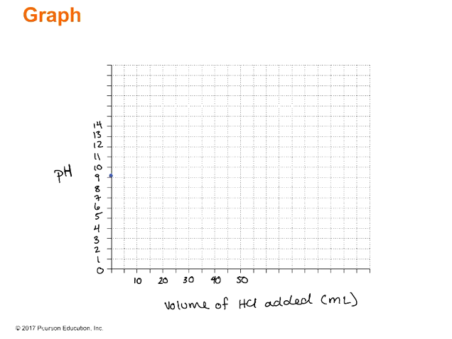And then after adding 10 milliliters of solution, let's see, what was our pH? It was 5.56. And then after adding 20 milliliters of solution, the pH was 4.98.